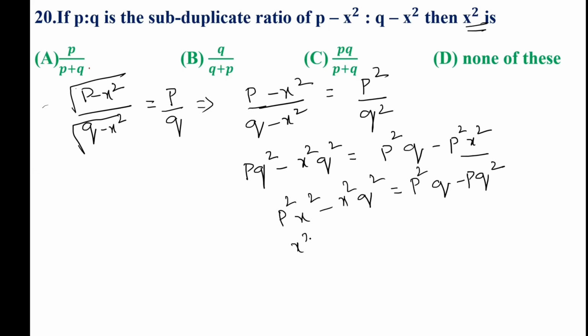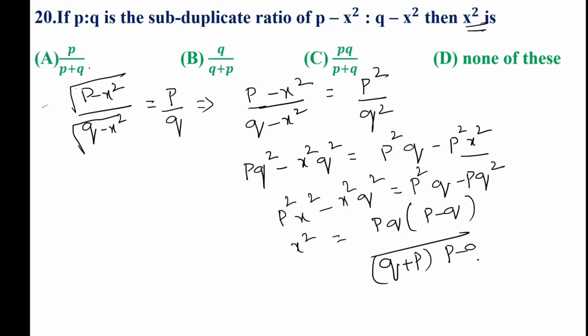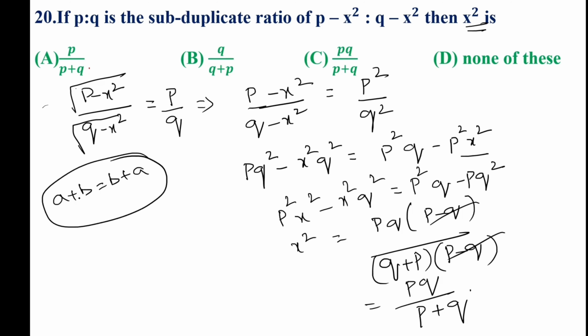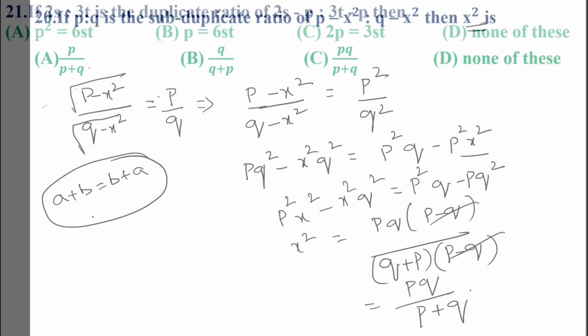If I take x square common, and if I take pq common from this, then p minus q will be here. p square minus q square is q plus p or p plus q and p minus q. So p minus q will be cancelled. So pq by p plus q or q plus p, whatever. A plus b is equal to b plus a. A plus b or b plus a, the same only.